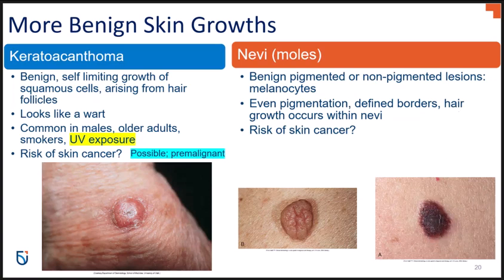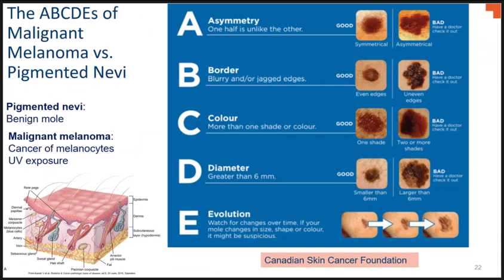That's not uncommon. And what about risk of skin cancer? It's also possible. You've probably heard, if you or someone you know has various moles on their body, they've probably been told to be careful and have them checked to ensure that they're not transforming into skin cancer.